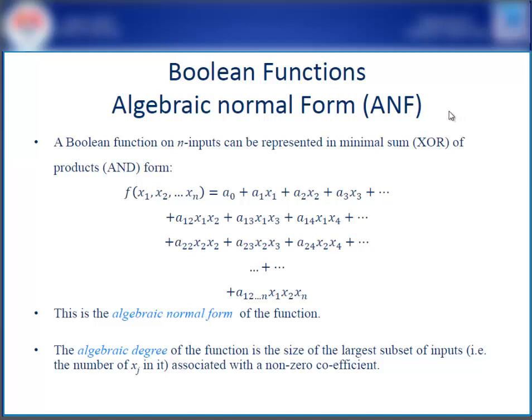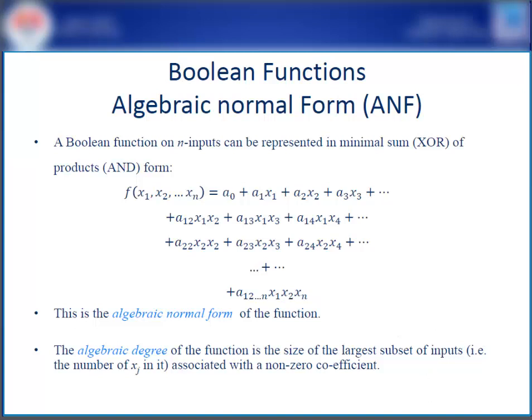An algebraic normal form is the representation of a Boolean function in polynomial form, where we have terms of the first degree, terms of the second degree, and so on up to terms of degree n. The coefficients a0, a1, and so on show whether the corresponding term is present in the algebraic normal form or not.